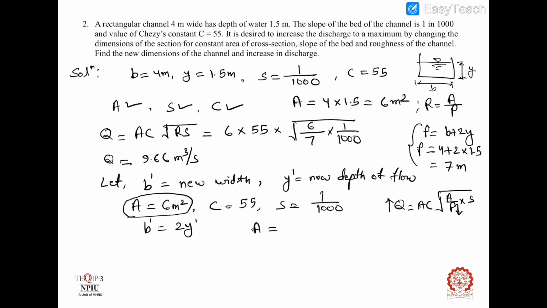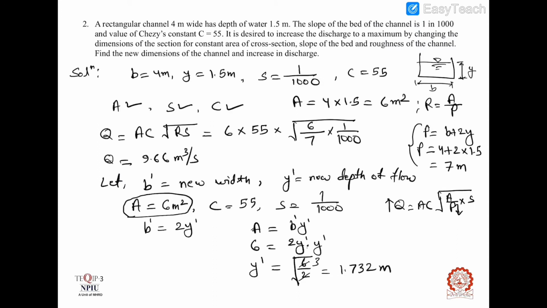So A is equal to B dash Y dash. So 6 is equal to, B dash for most economical condition is 2Y dash, times Y dash. So from here Y dash will be equal to square root of 6/2, which is 1.732 meter.